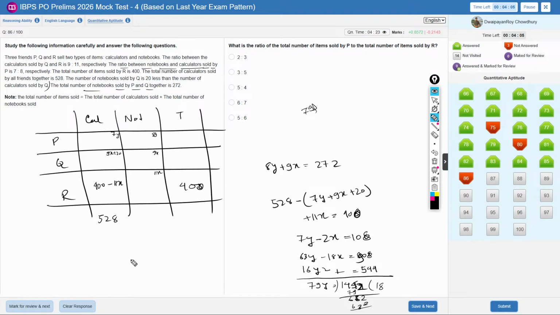Adding all this would have been 7y plus 9x plus 20 minus 11x is equal to 128 and 108. Definitely it was minus 2x, so 9 times.